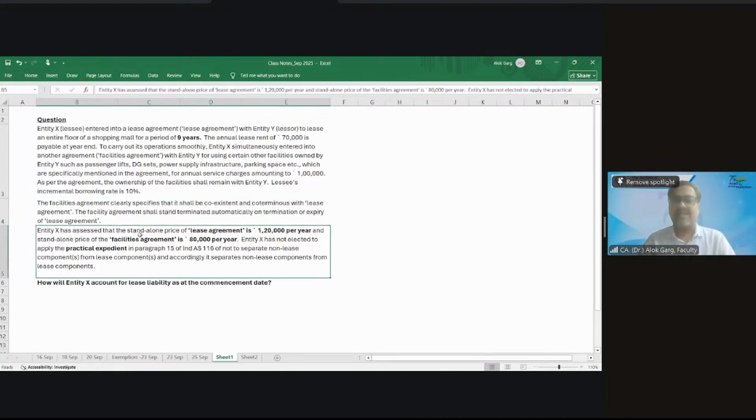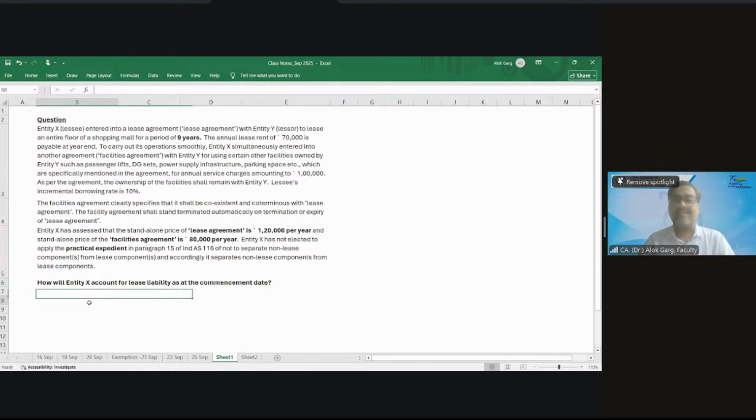Entity X has assessed that the standalone price of the lease agreement is 1,20,000 per year and the standalone price of the facilities agreement is 80,000 per year. Entity X has not elected to apply the practical expedient in paragraph 15 of Ind AS 116 of not separating non-lease component from lease component, and accordingly it separates non-lease component from lease component.